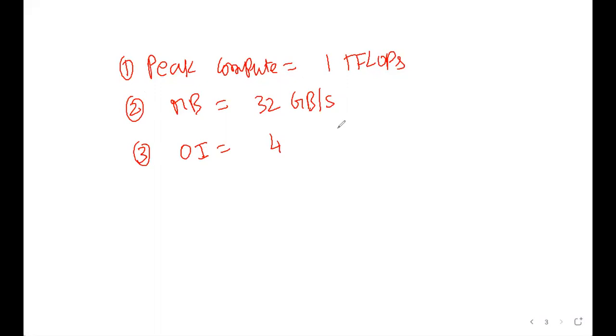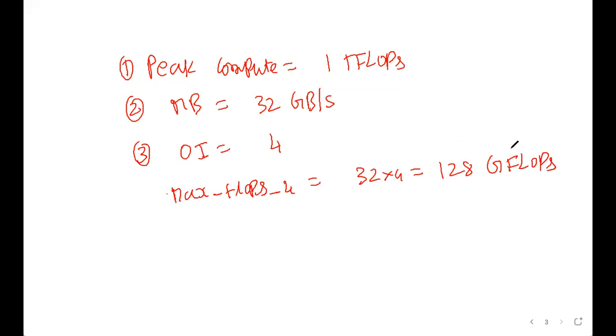Then the maximum flops achievable at an operational intensity of 4 with memory bandwidth 32 GB per second is 32 into 4, which is 128 gigaflops. Are you all with me here?